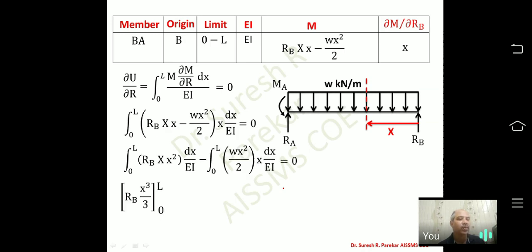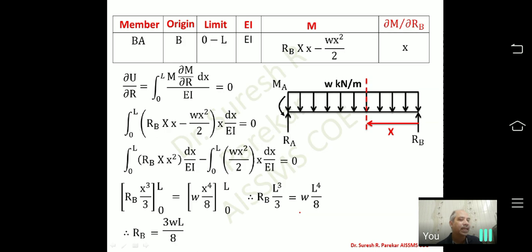If we solve this, we get RB into L cube by 3 equal to wL4 by 8, and from this I will get RB value as 3wL by 8.